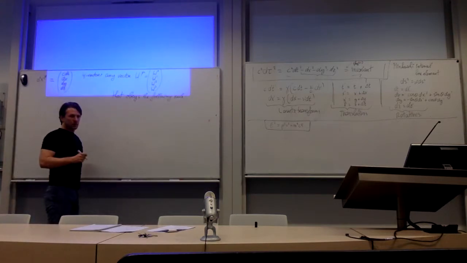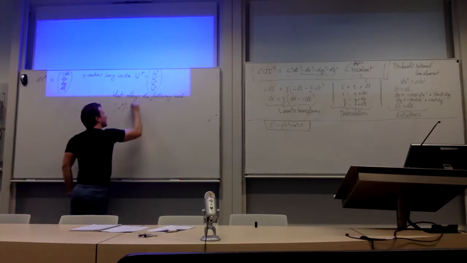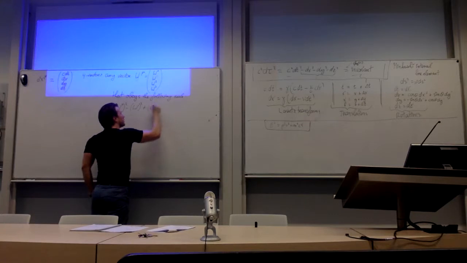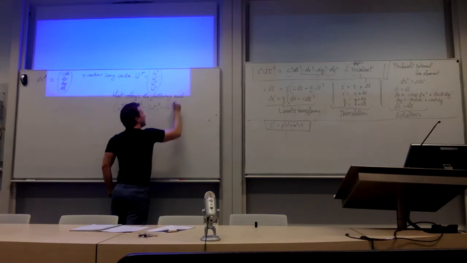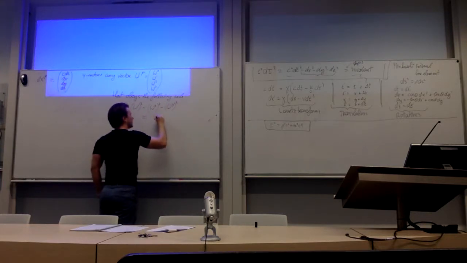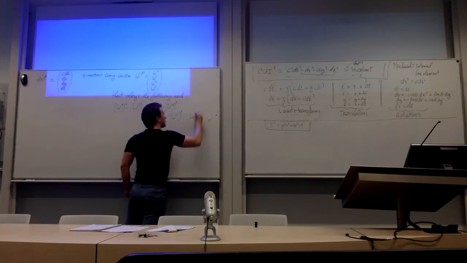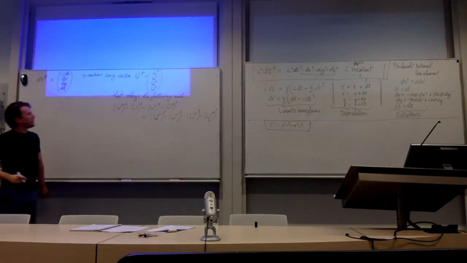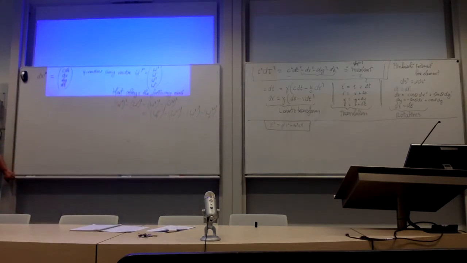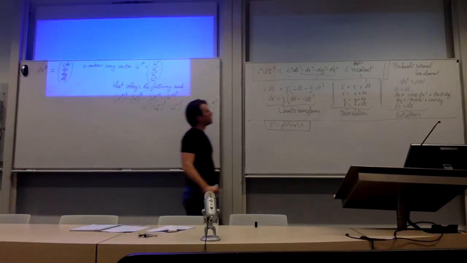Now, a 4-vector is by definition one that obeys the following rule. There's a minus. Do you have difficulty parsing what this says?